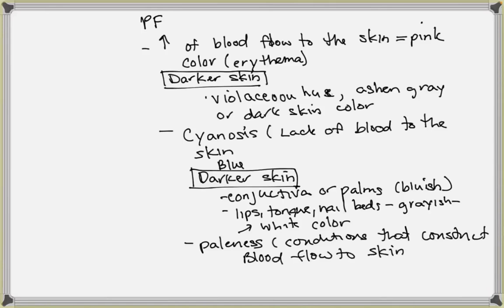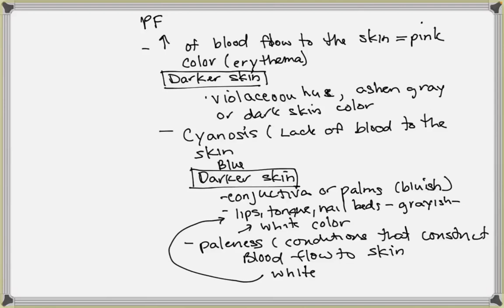So in lighter skin, you might end up seeing a whitish color. And in this case, again, you have to look at these different areas and see, do you have grayish to white color skin around the lips and the tongue and the nail beds? Because that's where you're going to be able to see it.